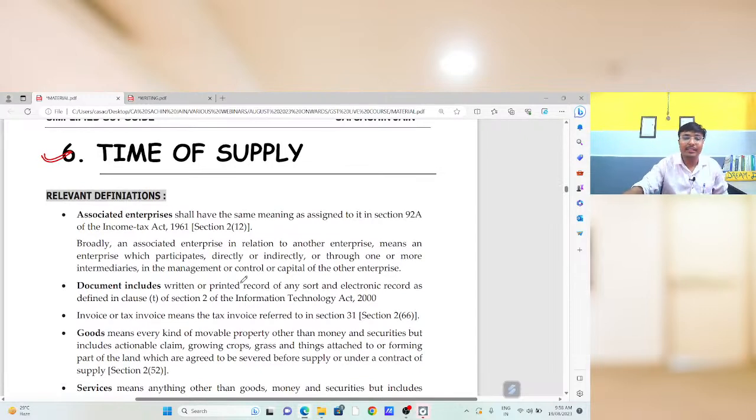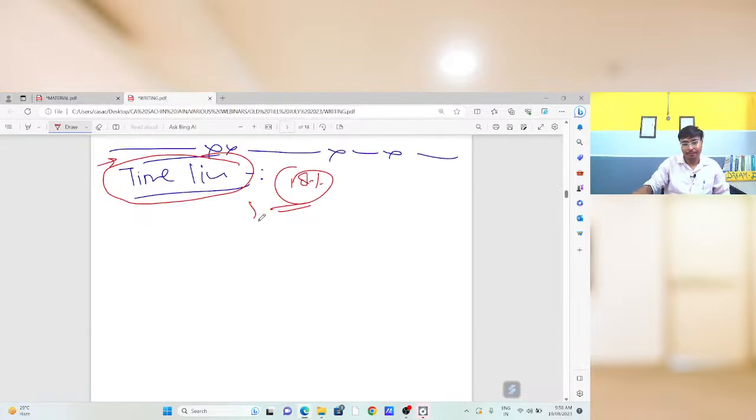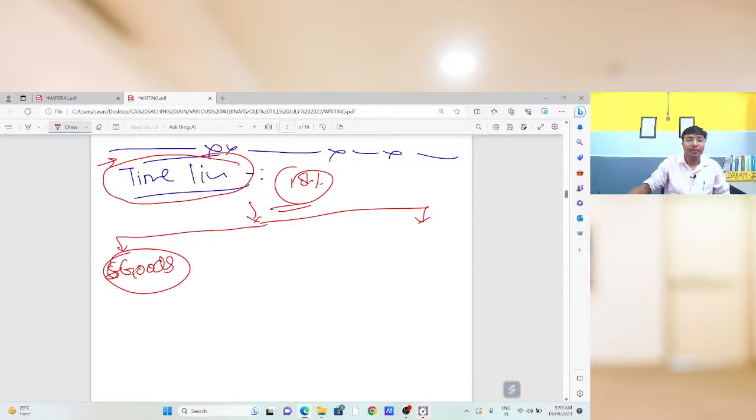we are going to start our discussion on the place of time of supply. So basically, I need to decide the time of supply. I need to decide the time of supply in case of goods or in case of services.